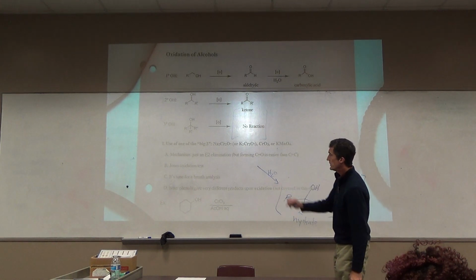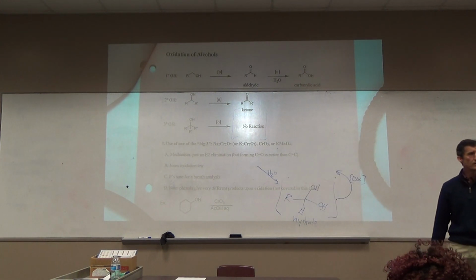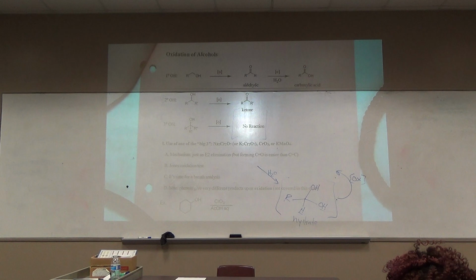Okay, we talked about the Jones oxidation test, the chromium orange turning to, that's chromium 7, I think, and ultimately becoming chromium, was it 4? Yeah. 3. Chromium 4 initially, and then it goes to chromium 3?